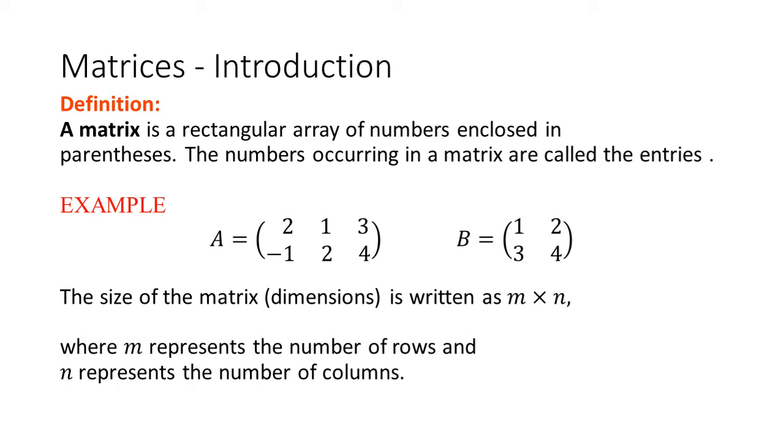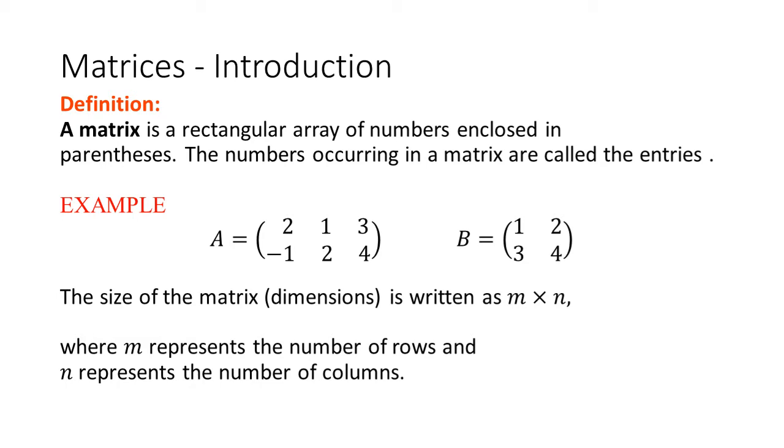A matrix is a rectangular array of numbers enclosed in parentheses. The numbers occurring in a matrix are called the entries. A matrix is nothing but a rectangular arrangement of numbers within the bracket. Each number inside the bracket is called an entry.